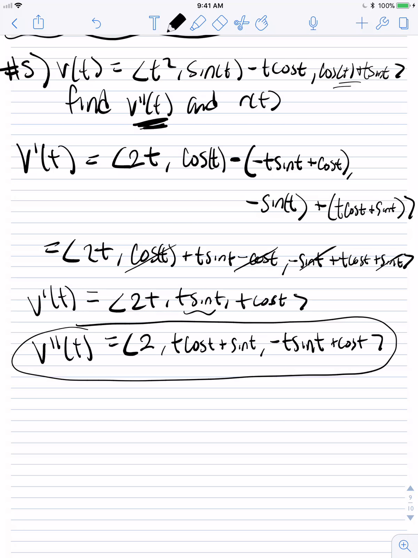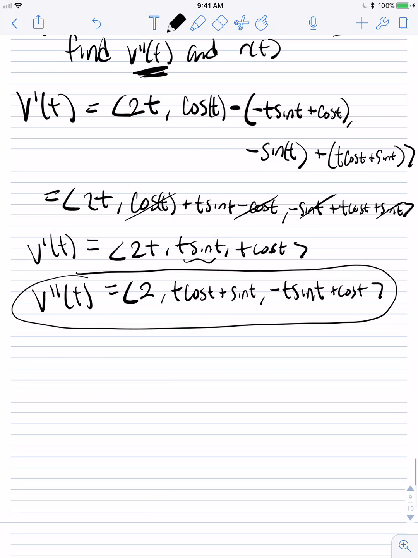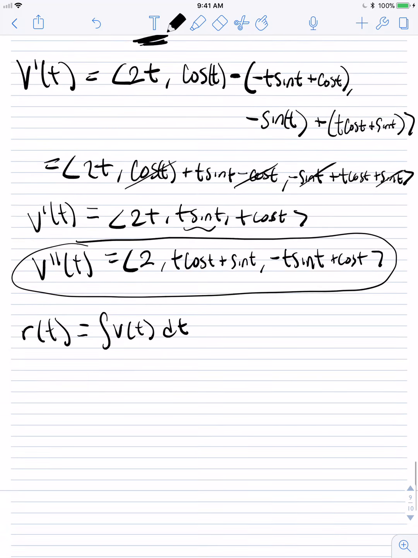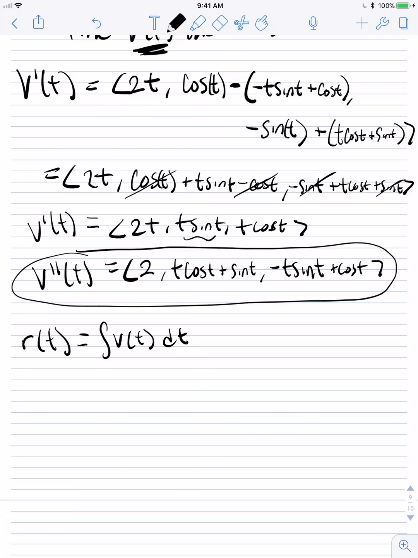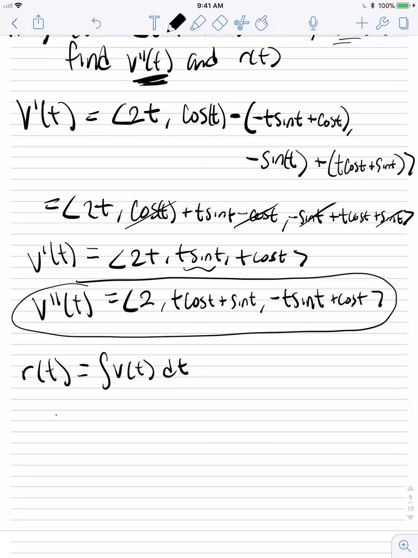So the second part, r of t, our position vector, we get that by taking the integral of our velocity vector. So starting that, we are trying to do 2t dt, comma, this is all in the vector. Sorry, I wrote this wrong.